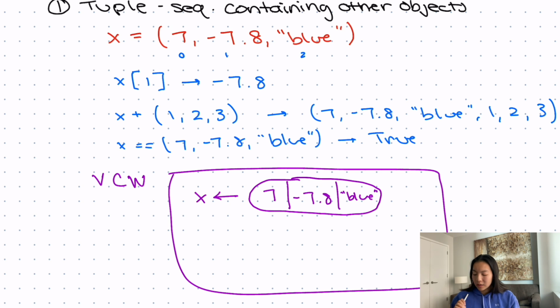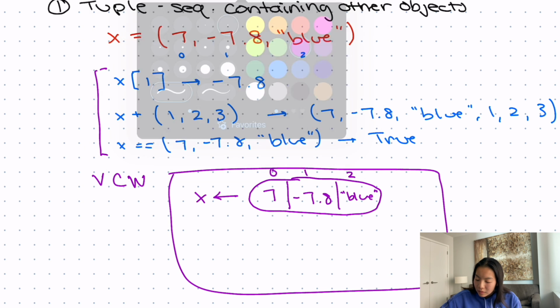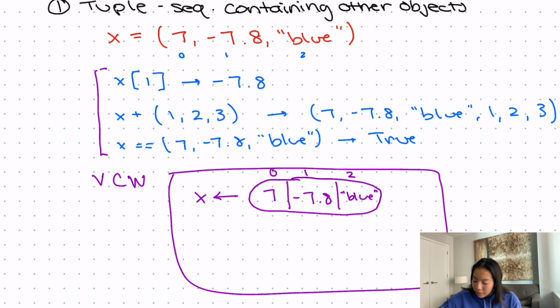Okay, and what happens in each of these operations? So when I take the index at 1, remember we're labeling these 0, 1, 2, so it's saying go to whatever is at the first index, which happens to be 7.8, and return that.